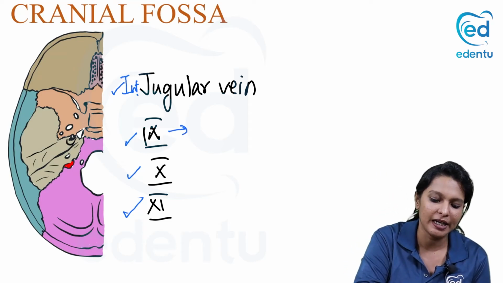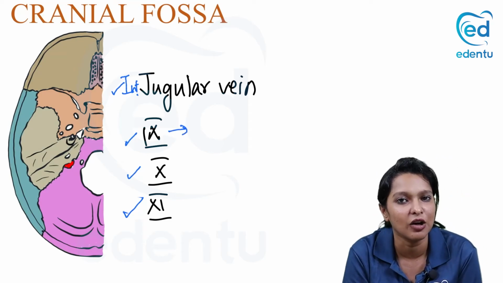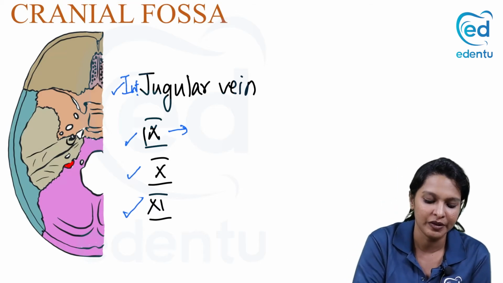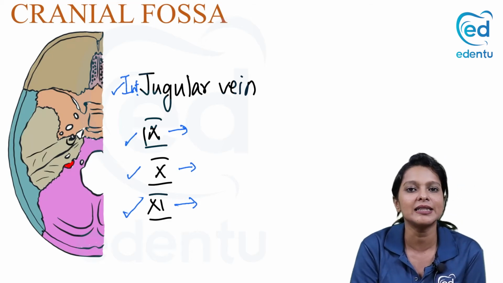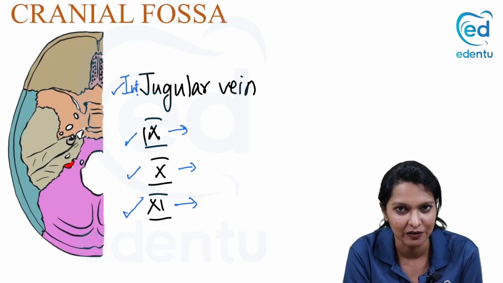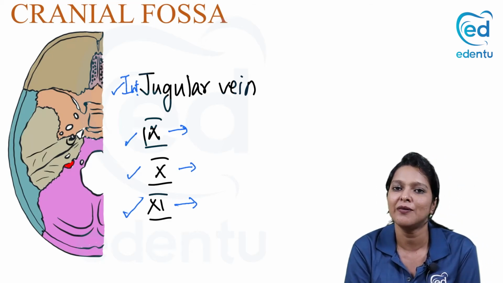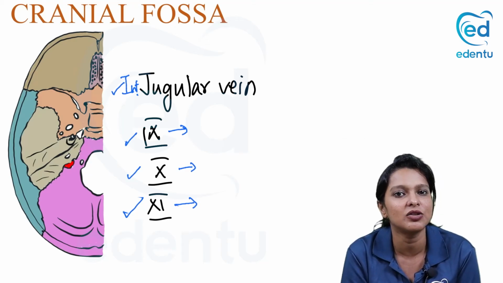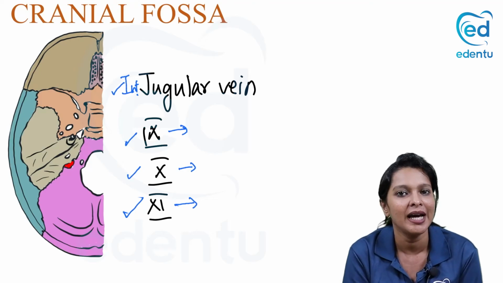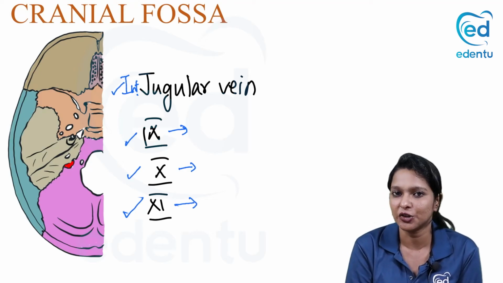What is the 9th cranial nerve called? It is called glossopharyngeal nerve. The 10th one is called vagus and the 11th one is called cranial accessory nerve. Okay, glossopharyngeal, vagus and cranial accessory nerve pass through the jugular foramen in addition to internal jugular vein.